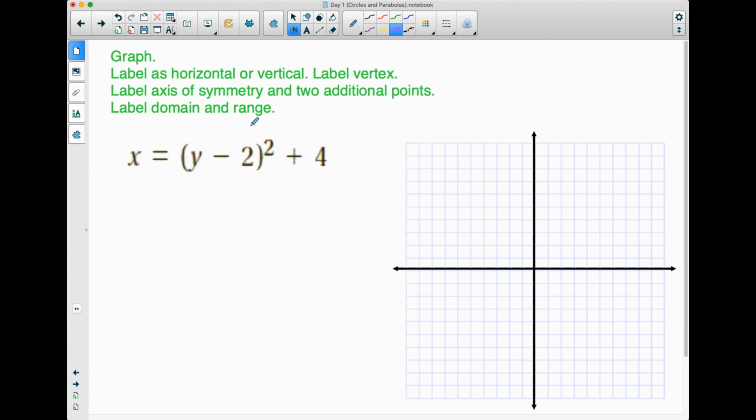All right, so let's look at a horizontal one. Go ahead and see if you can figure out your vertex and your axis of symmetry.